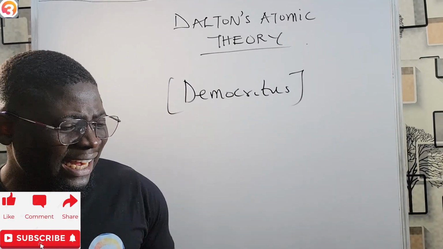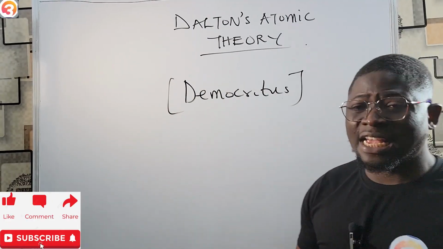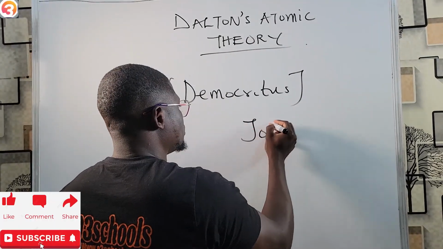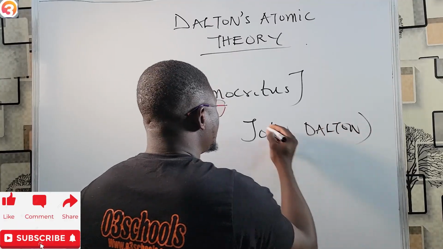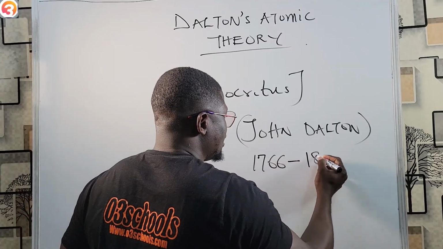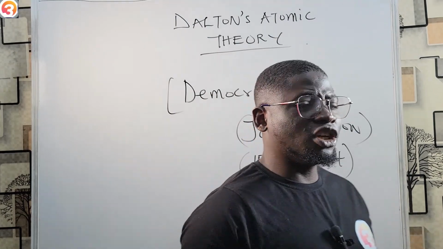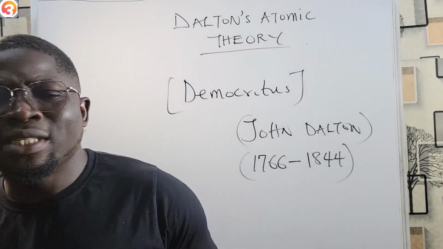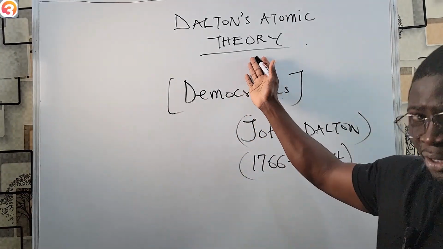But most of the earliest understanding about atoms were largely due to the effort of the man called John Dalton, who lived from the year 1766 to the year 1844. He summed up most of his findings in what we now know to be called Dalton's atomic theory.